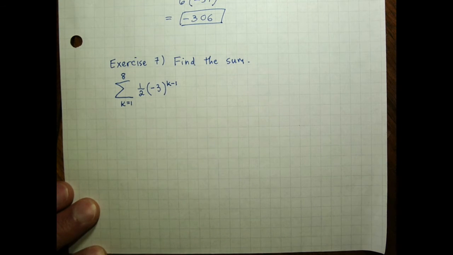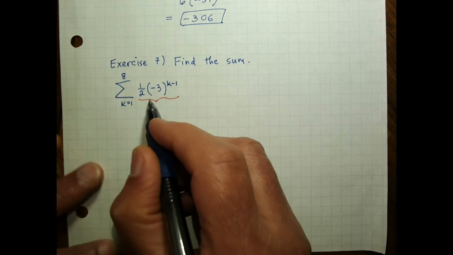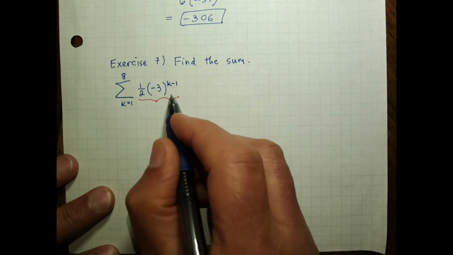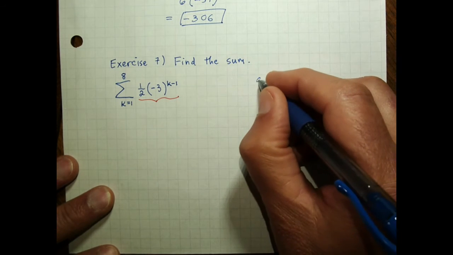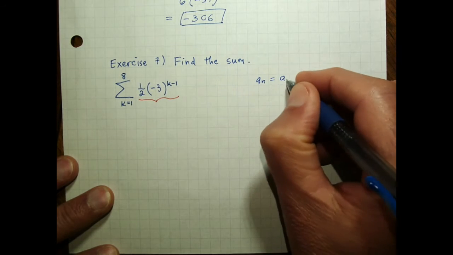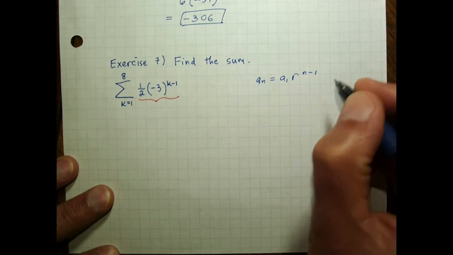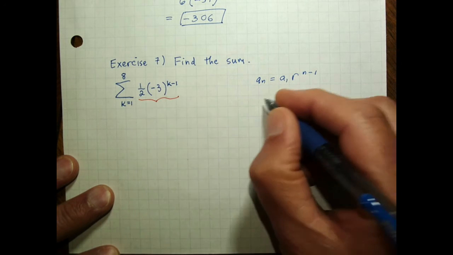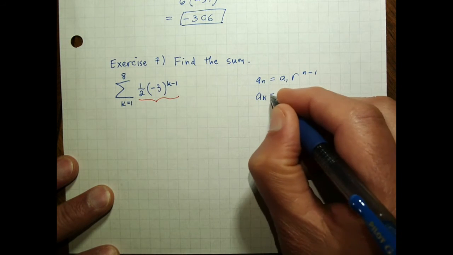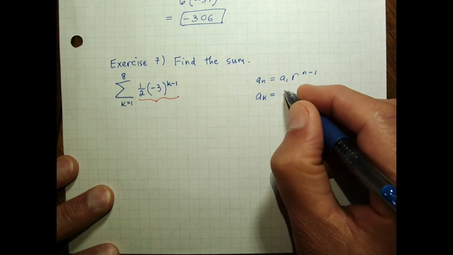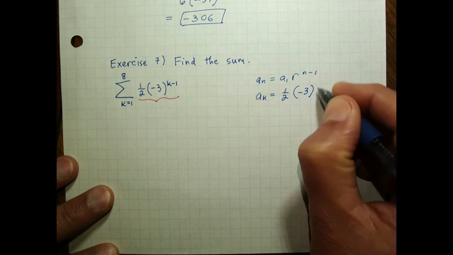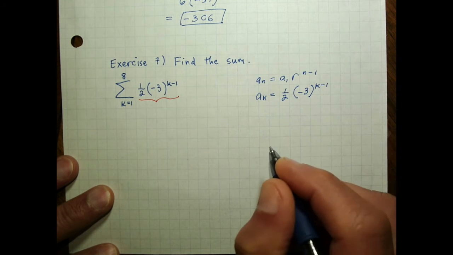Now, notice here, I hope you recognize that what we have inside the summation notation expression looks like a geometric sequence form, a(n) equals a1 r to the n minus 1. If I write it as a(k), my a1 is 1/2, my r is negative 3, to the k minus 1.